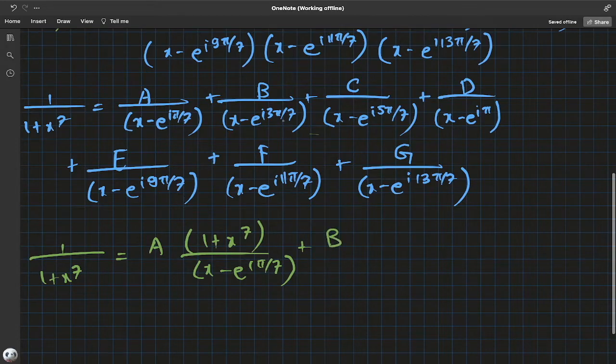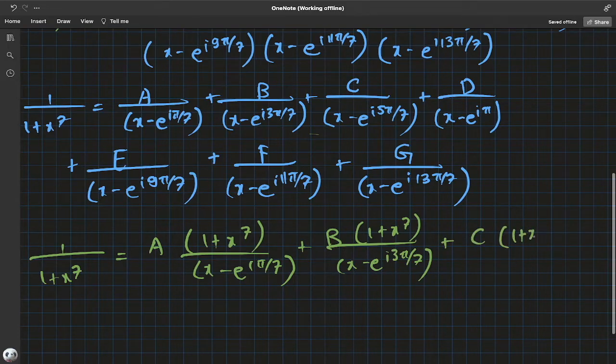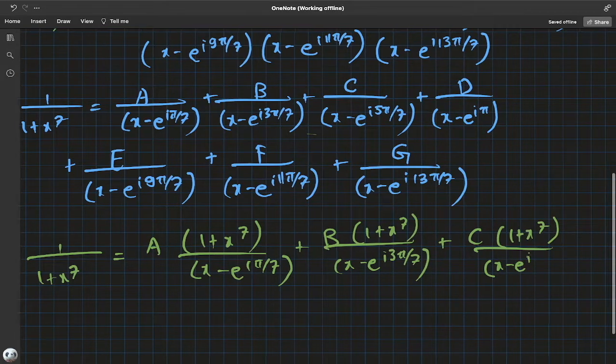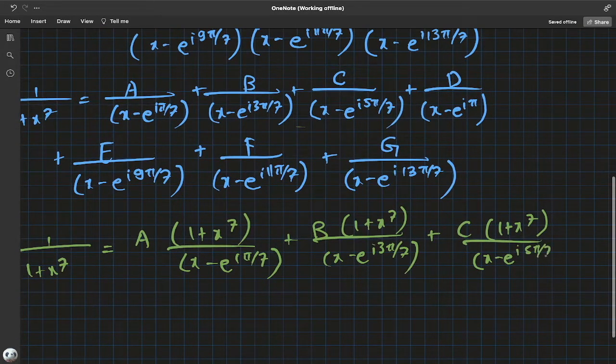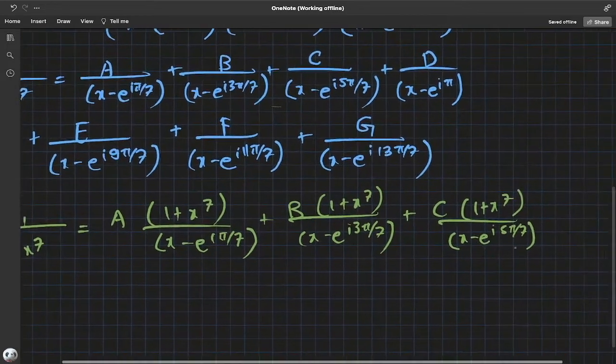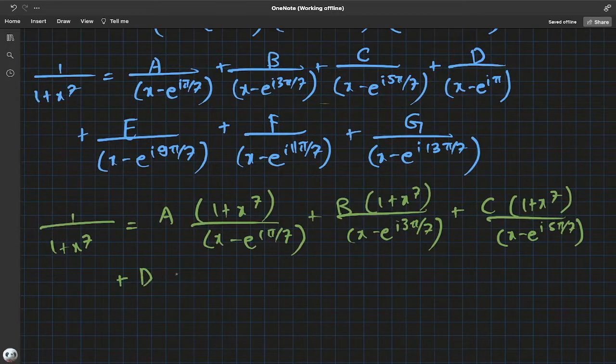And I can do a similar approach for b. So the entire thing divided by what's not there. Same thing with c. And d.